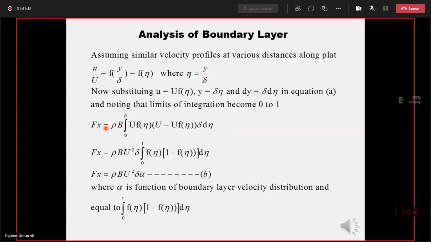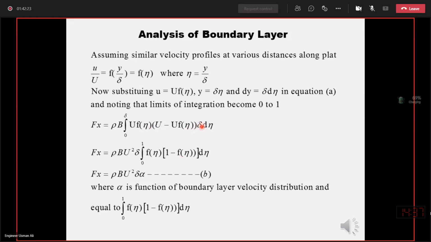So Fx will be rho b integral, so this will be U into function of eta in terms of small u, and U into minus function of eta, and we can put 1 over here.